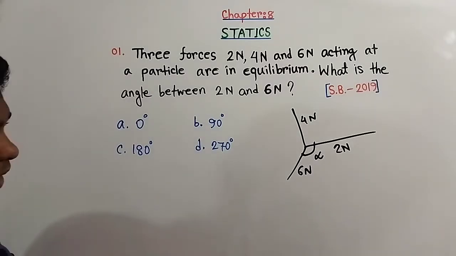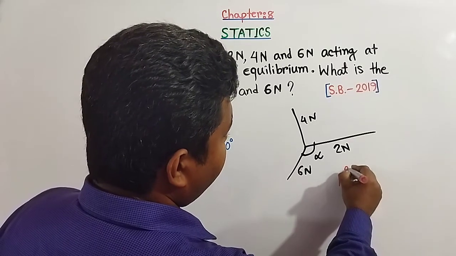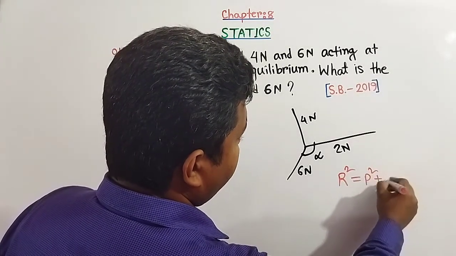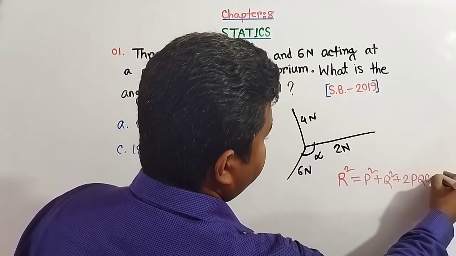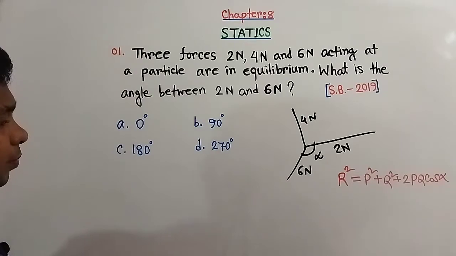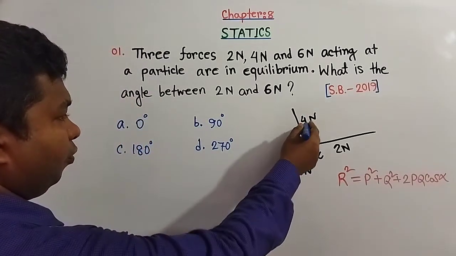So, we can apply the formula of resultant force, R square equal to P square plus Q square plus 2PQ cos alpha. By applying this formula, the resultant force will be equal to 4 Newton.